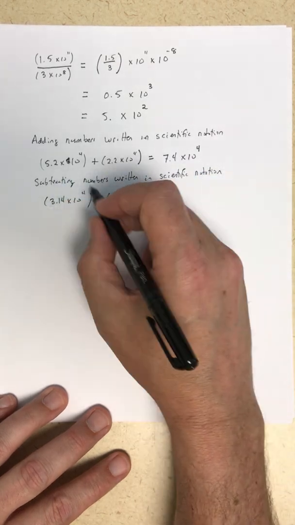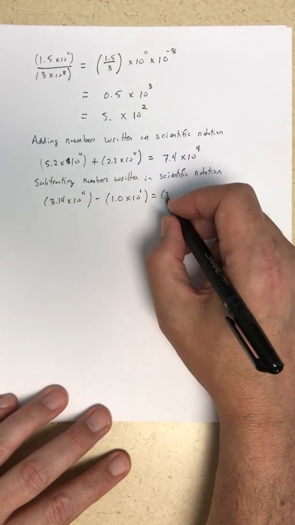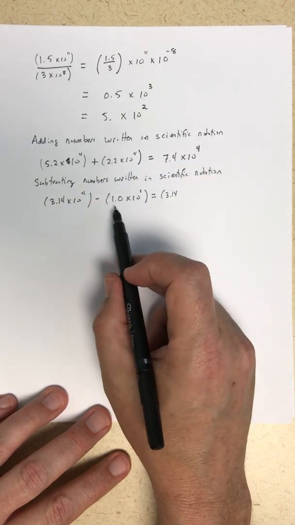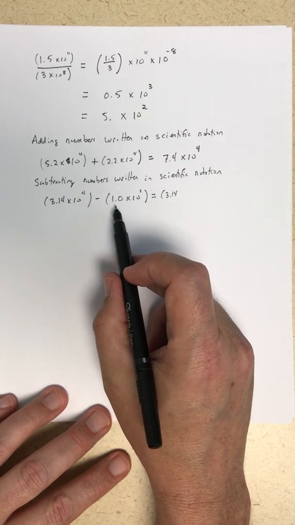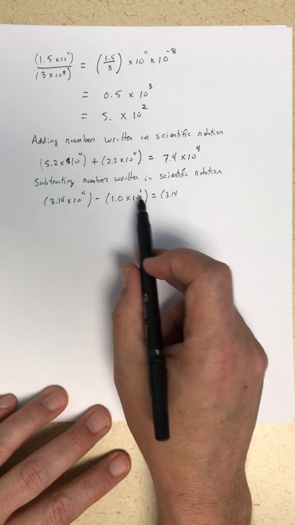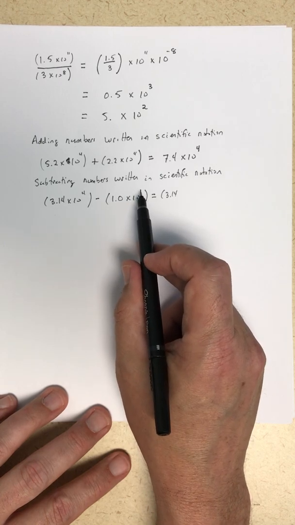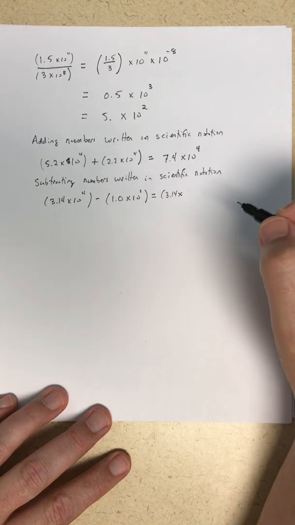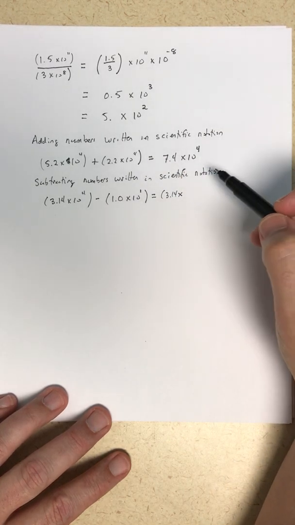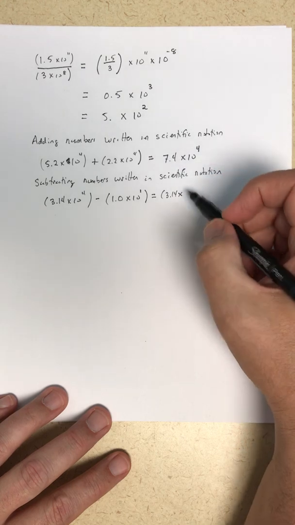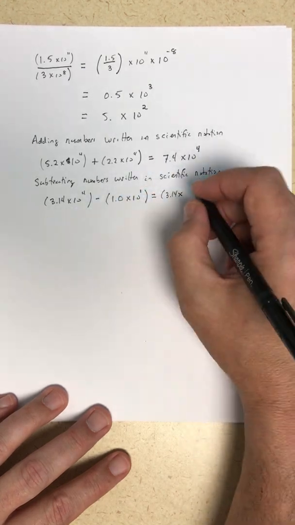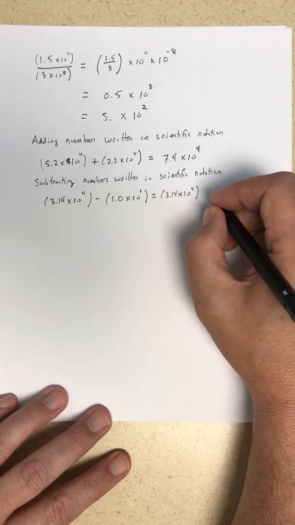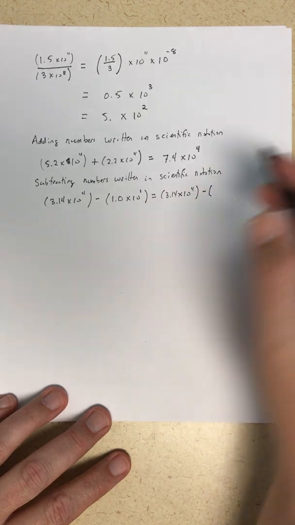So I'm going to keep the first number the same, and manipulate the exponent and the significand in the second number until the exponent is also 4. Then we can do the same thing as in the previous question, which in this case would just be to subtract the significands.